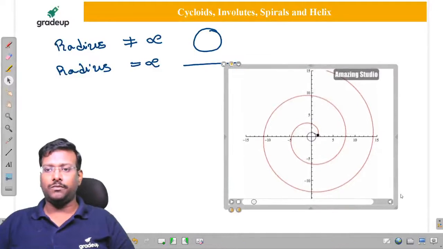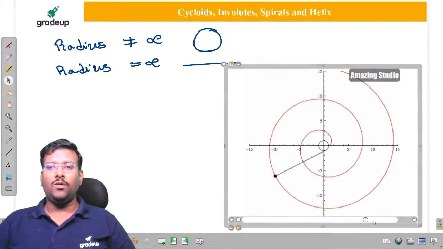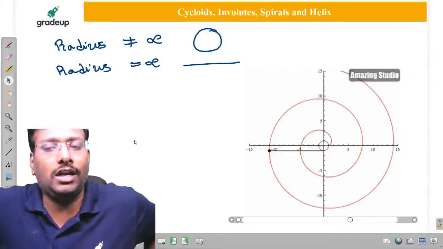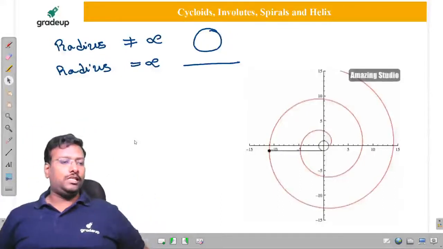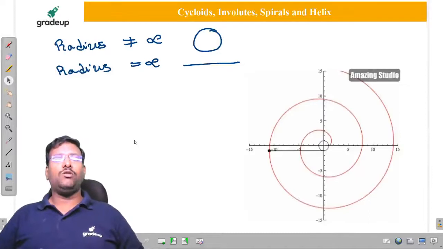Now you observe. Whenever it is unwound, we are observing the free end only. Then the path traced out by it is called involute. Some people will have a doubt: sir, it looks like a spiral, but what is the difference between these? Once I complete spiral also, you will be able to know the difference between involute and spiral.